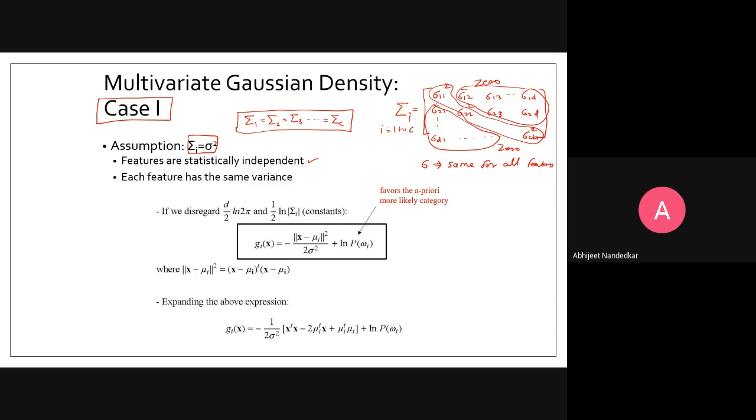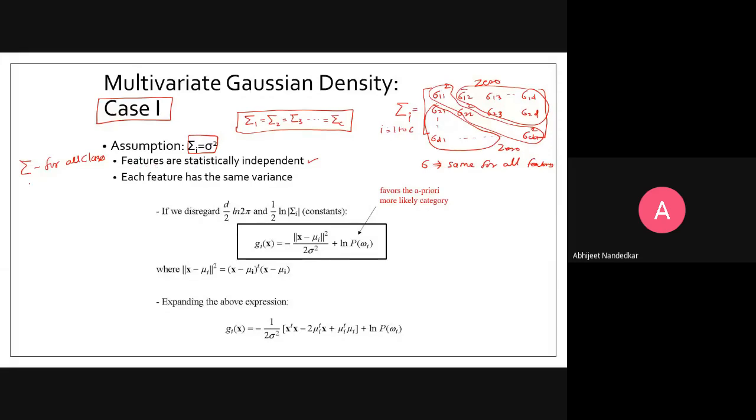There are so many assumptions in case 1, so as to have a very simplified version of the g of x equation. So what are the assumptions here? The covariance matrix is the same for all classes. Sigma is the same for all classes. Then features are statistically independent.